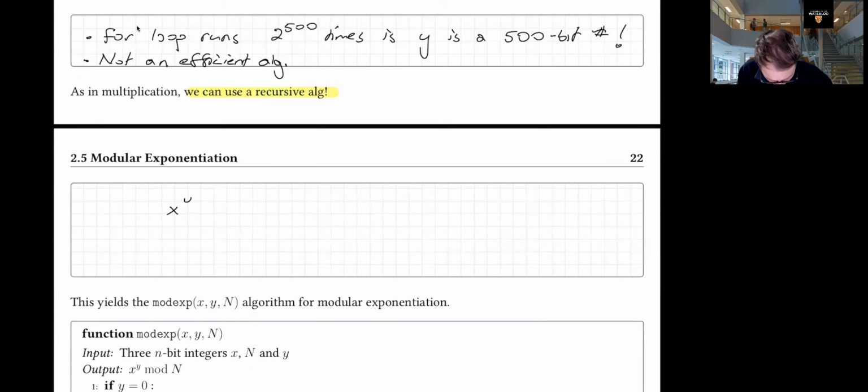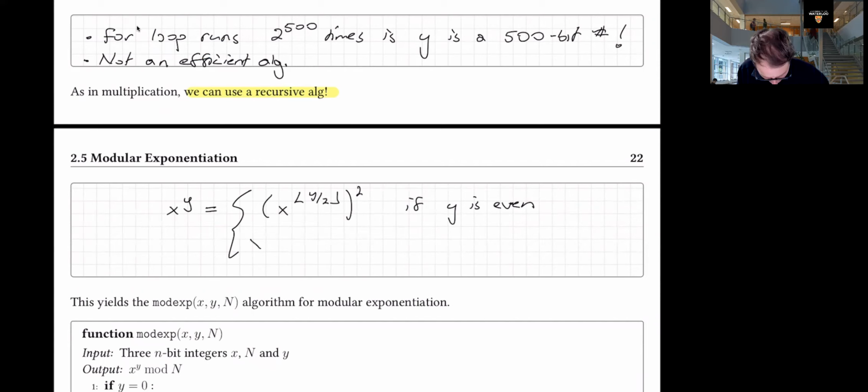We say x to the power of y can be written as x to the power of the floor of y over 2, squared, if y is even.